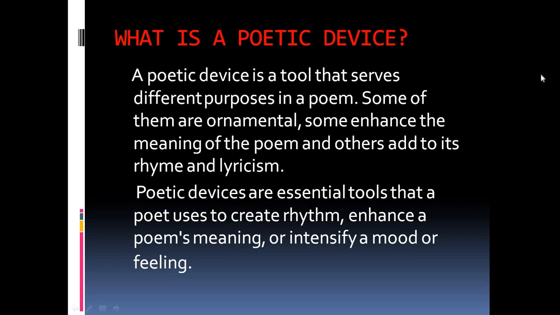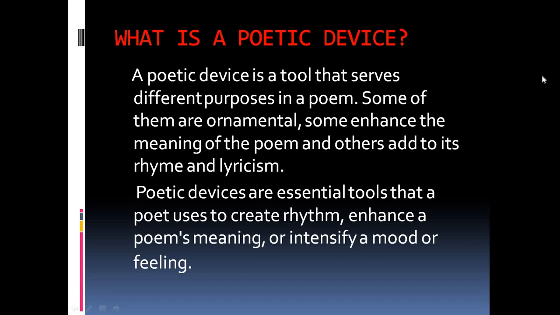So let's begin with what is a poetic device. A poetic device is a tool, a method, a technique that serves different purposes in a poem. Some of them are ornamental, some enhance the meaning of the poem, and others add to its rhyme and lyricism.